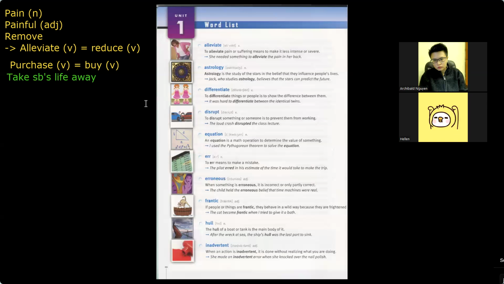So here, let's practice by using the word intense. When something is intense, it is too much. We can say that you suffer from intense pain, which means that you cannot tolerate the pain anymore. Intense means too much. Severe means very dangerous.